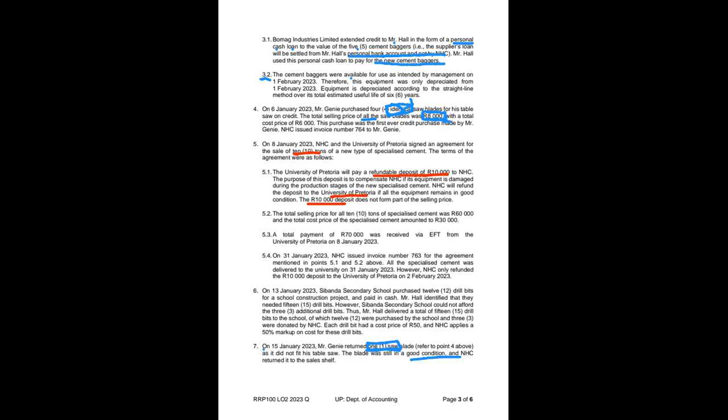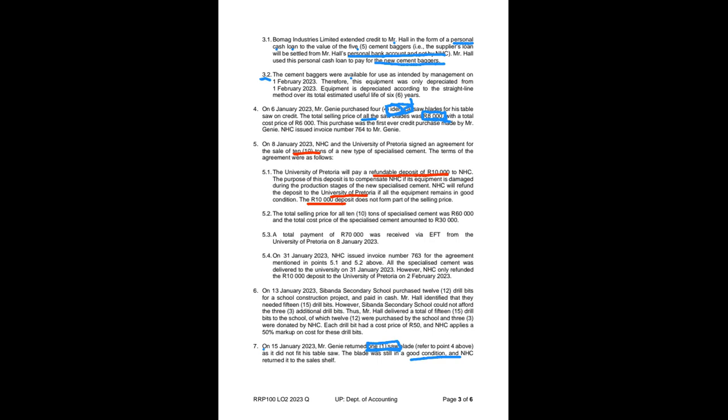So under no circumstances will this 10,000 Rand ever end up as income, right? Which means recording it as income received in advance is wrong, right? Because it's not going to be income. Does that make sense?